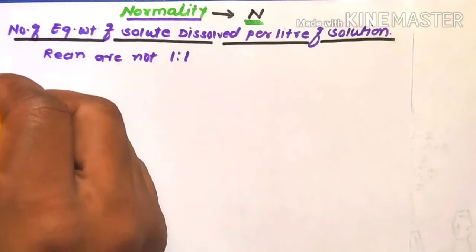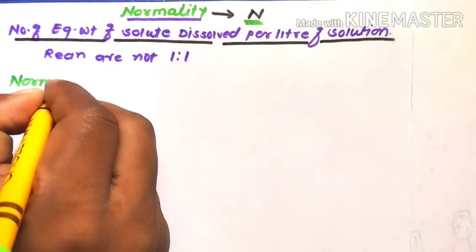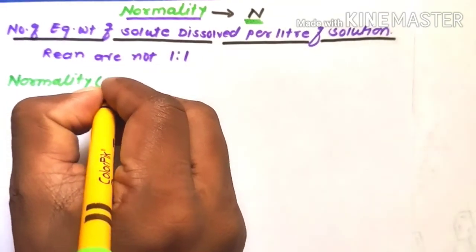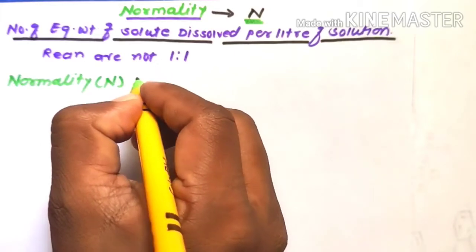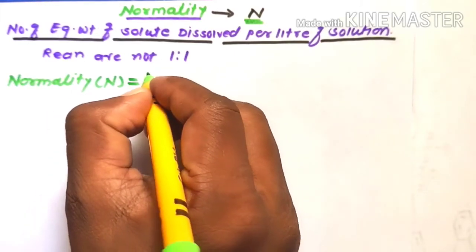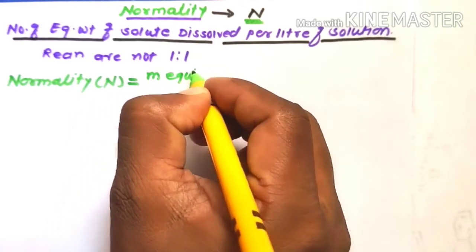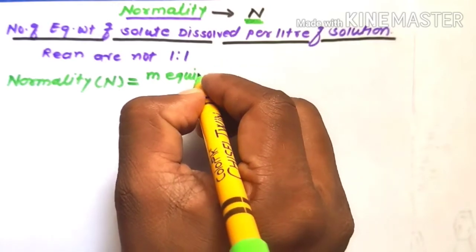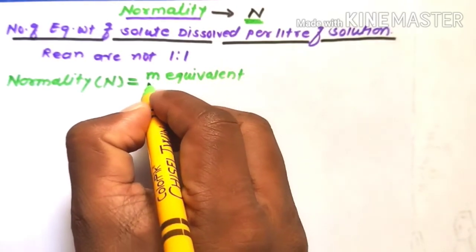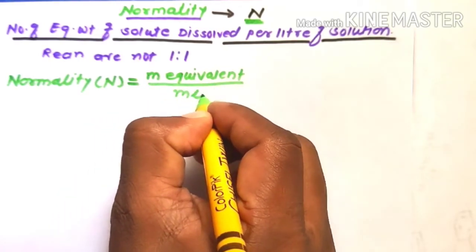Therefore, normality, that is capital N, is equal to mole equivalent divided by ml.